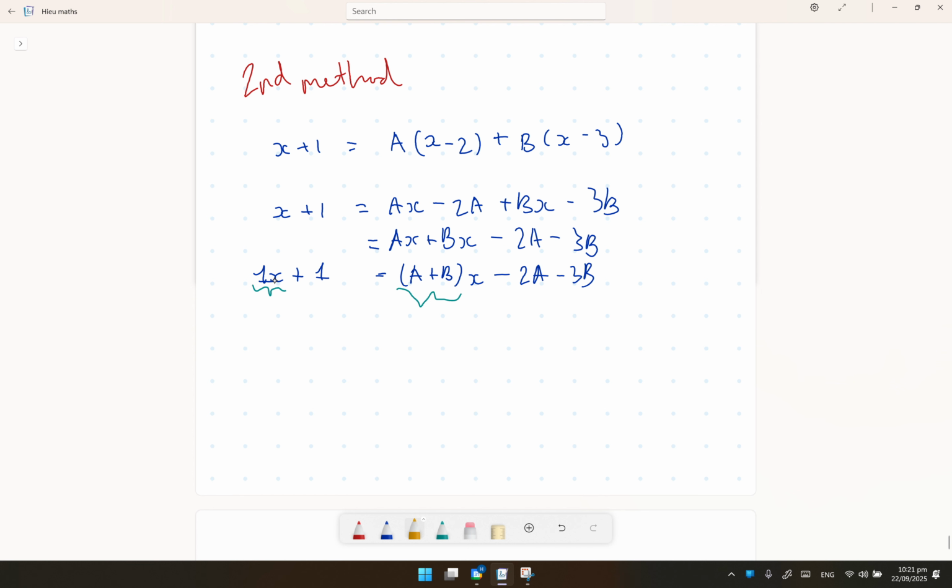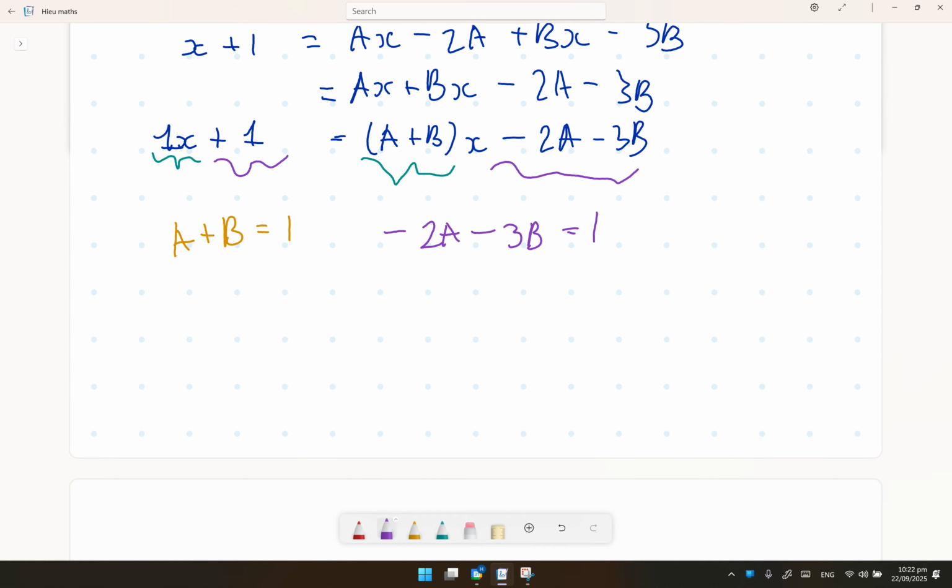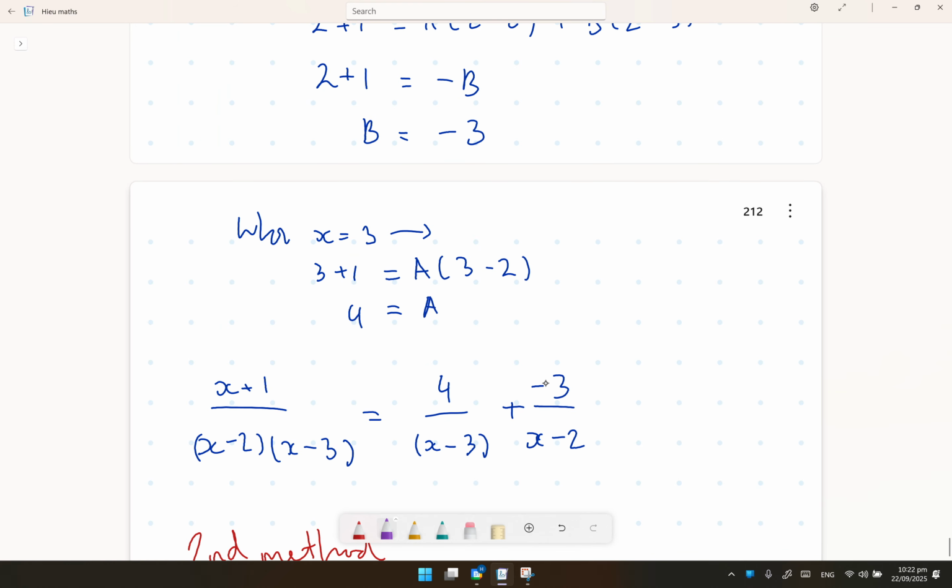We can say that 1x is equal to a plus b times x. Therefore, a plus b must be equal to 1. And the constant is plus 1, so therefore minus 2a minus 3b has to be equal to 1. Then you can just use substitution, or any method to manipulate it. It comes back out as this.